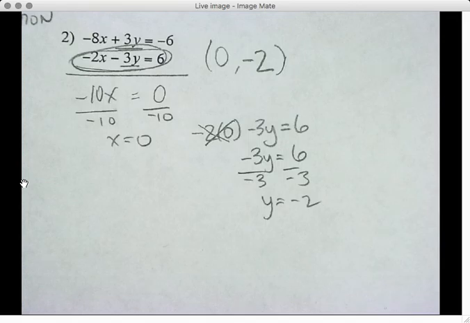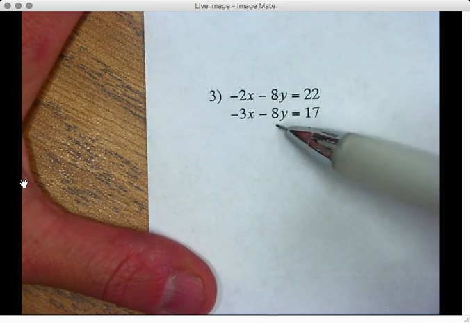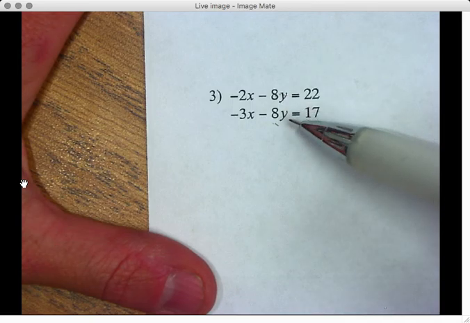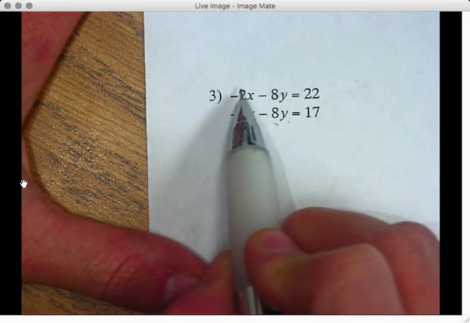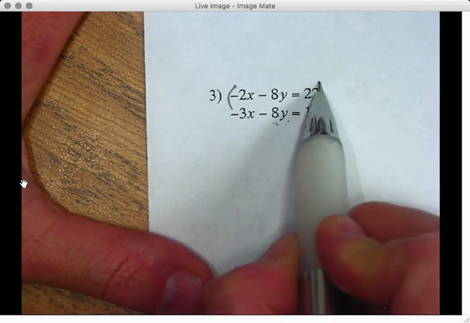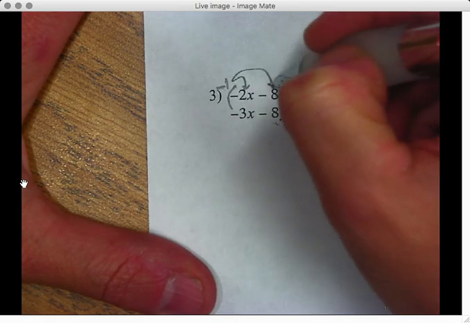Okay. Now, the next problem is maybe not quite as beautiful. Here's number 3. It's close, but it's not exactly opposite. Do you see that? This one's +8. This one's -8. I need them to be opposite. So what I'm going to do is I'm going to multiply the top equation by -1. Everything by -1.